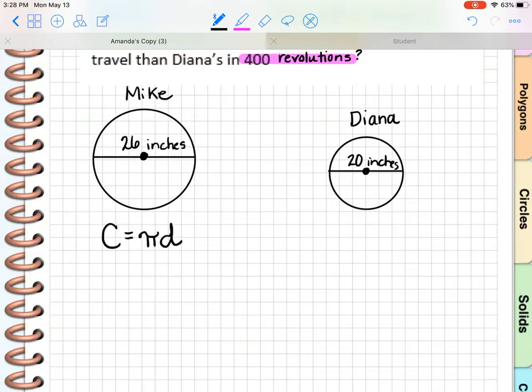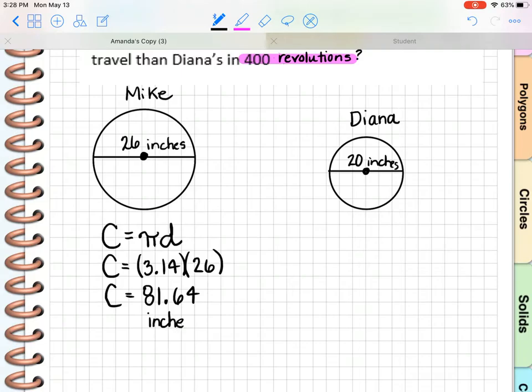You just have to get your radius. Okay, so C equals pi times D, which is 26 for Mike. So 3.14 times 26 is 81.64 inches in one revolution.